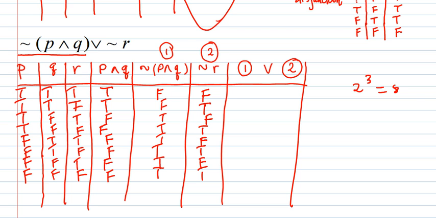Now the last column here is our result, to combine the 2 together. Now it's or: this column or this column, this compound statement or this statement. So you have false or false is false. False or true is true.